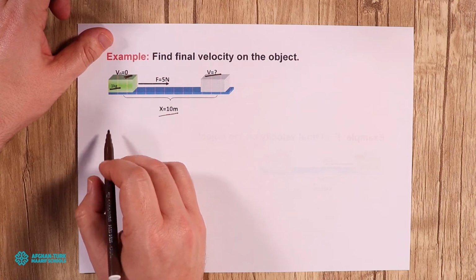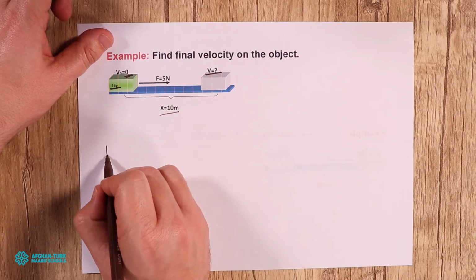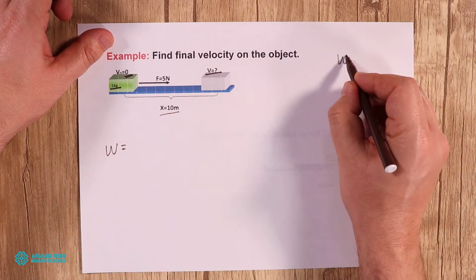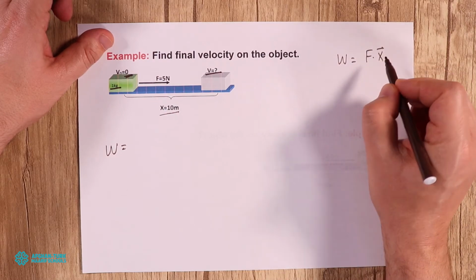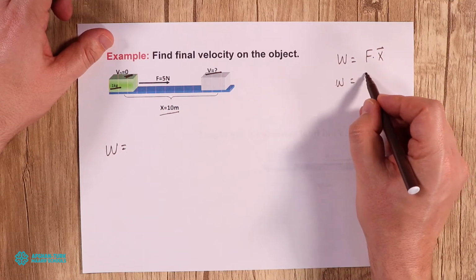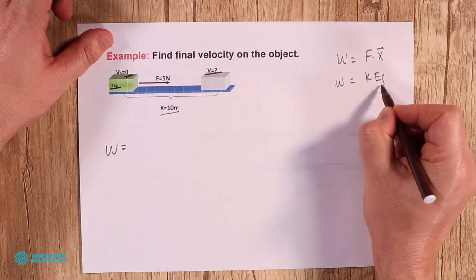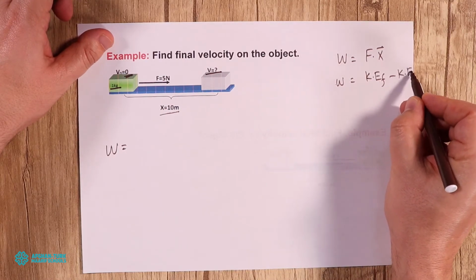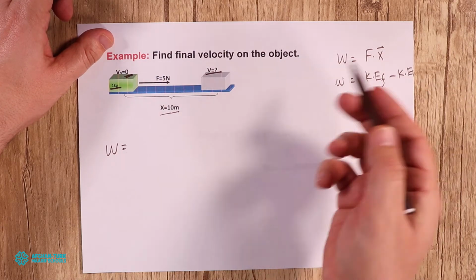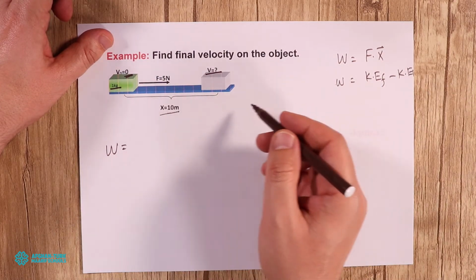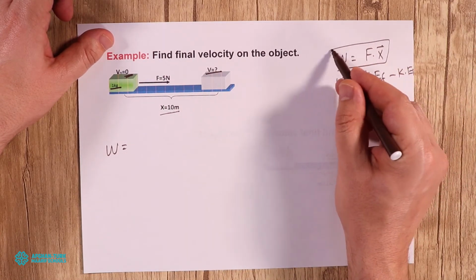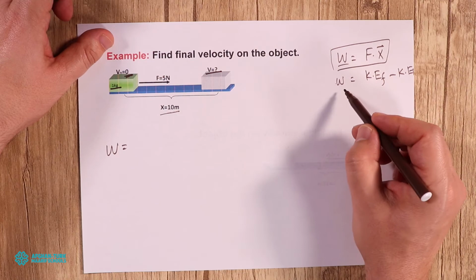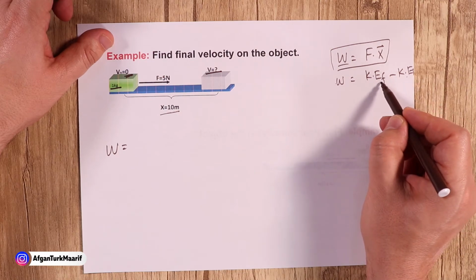So first we are going to find the work. I told you that W is equal to F multiplied by X displacement, or W is equal to change in kinetic energy, meaning final minus initial kinetic energy. These two formulas you can use, but in this case we will use this formula. First we will find the work, and then we will find the final kinetic energy.